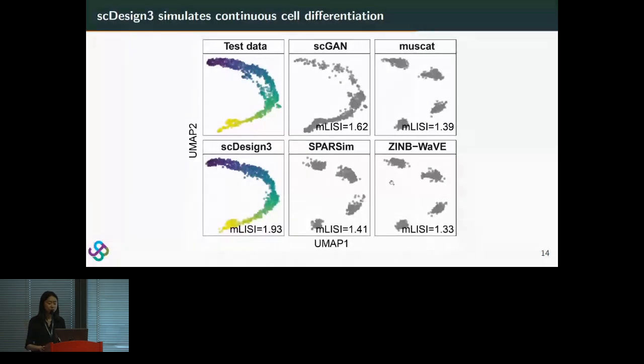In terms of mixing, how well do the real cells mix with the synthetic cells? This value should be at most 2 and at least 1, so closer to 2 means better. We have a better value, and we can show that the other 3 methods, even though they can do pretty well with simulating cluster cell types, are not designed for simulating trajectories. As I mentioned briefly in the morning.